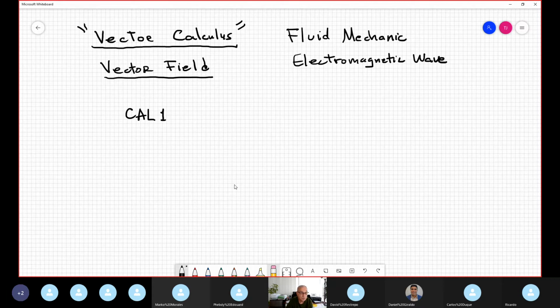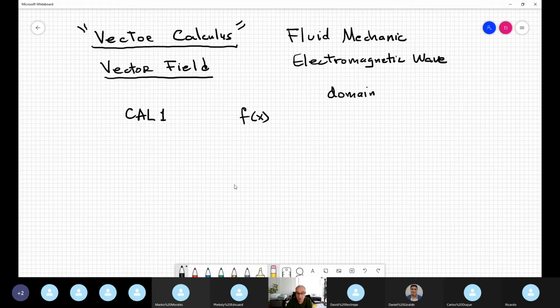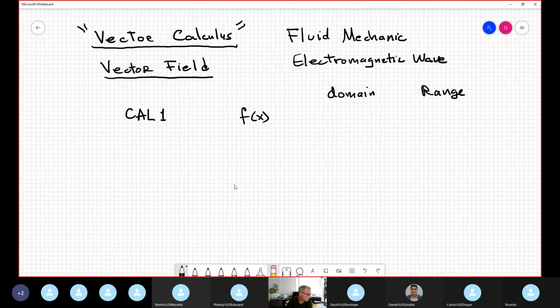In Cal 1, we have functions, and we have domain and range. The domain is one input, a subset of the real numbers, R. One input gets x, and we have one output.